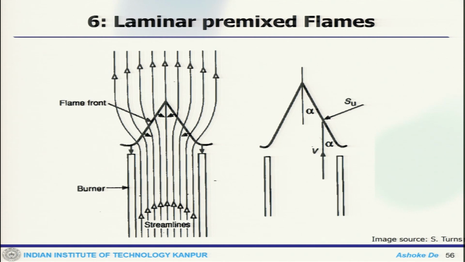Now, one can see some schematics of a lab scale burner, where the mixture comes through here, and this is the flame front. So, this is the flow coming in, this is the burner, and this is the flame front. If it is a theoretically nicely organized flame structure, it is supposed to be stabilized right there, but if it is lifted, the flame would be sitting somewhere here, or if there is a flashback, the flame would be sitting inside like this.